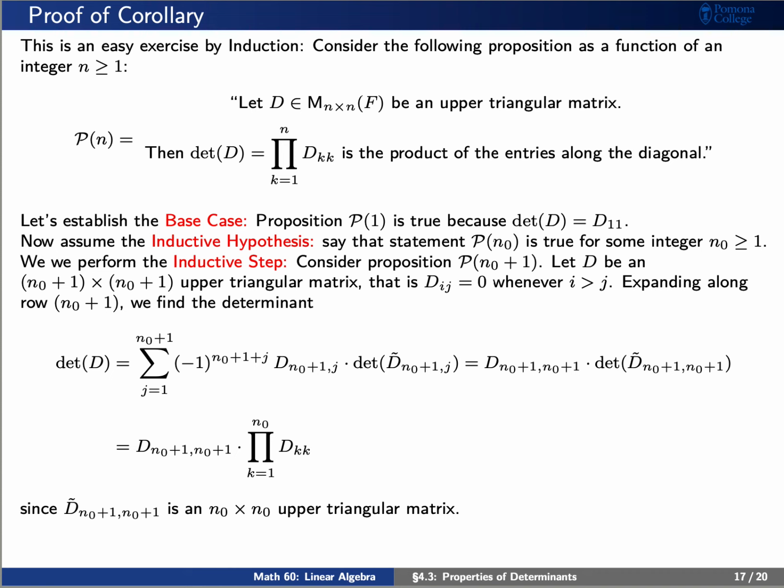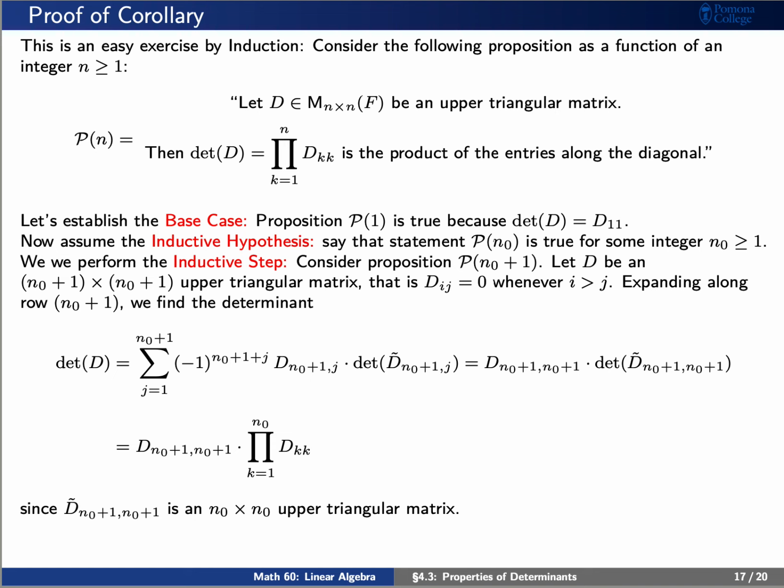If we let D be an n0 plus 1 by n0 plus 1 upper triangular matrix, then remember that D sub ij is 0 whenever i is greater than j. Now, since we have lots and lots of numbers that are 0 below the diagonal, let's use the theorems that we proved in the last lecture to write out the determinant of D by expanding on the last row, the very bottom.